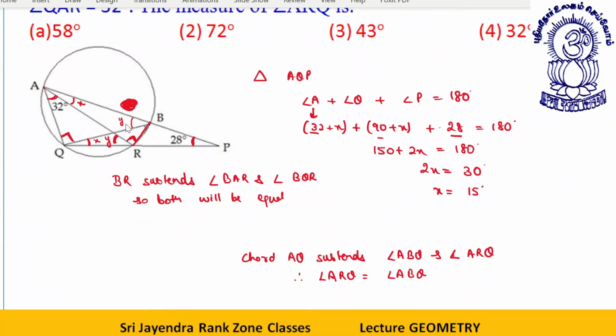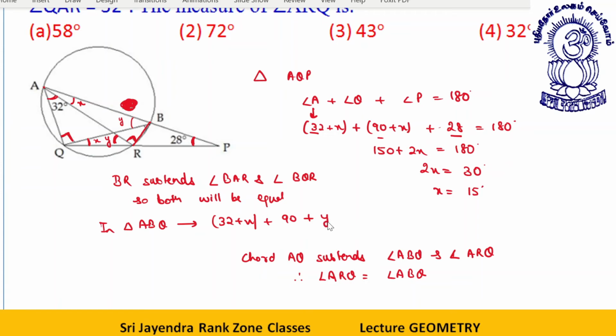Can you get this Y? Yes, you can get it. In triangle ABQ, what is angle A? Angle A is 32 plus X. Angle Q is 90.